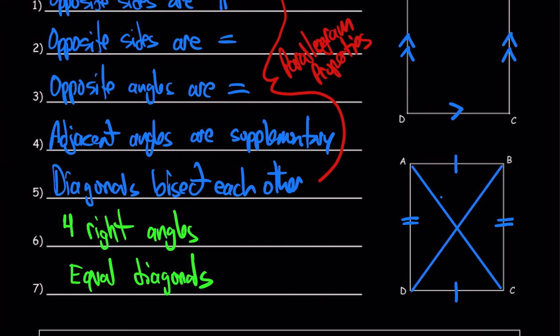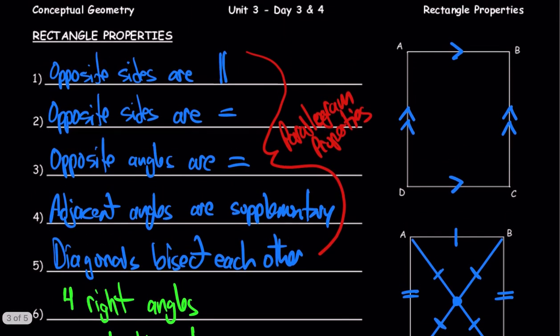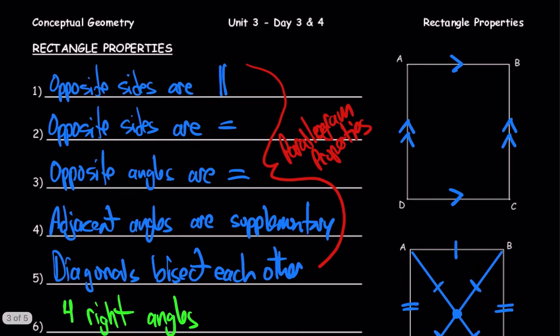All right, so they bisect each other. And they're equal, which did not happen in the other one. So this point right here is the midpoint and divides those into two equal segments. The defining characteristics, 4 right angles.